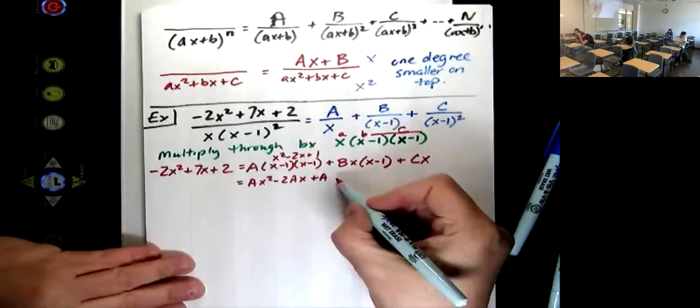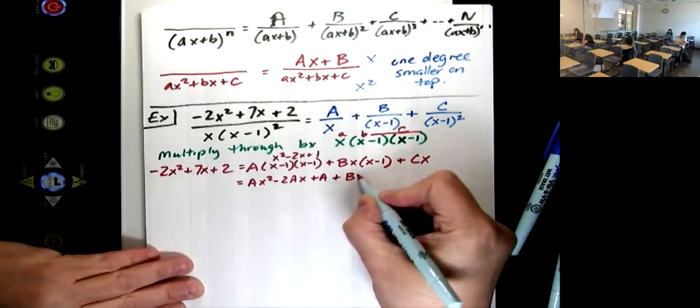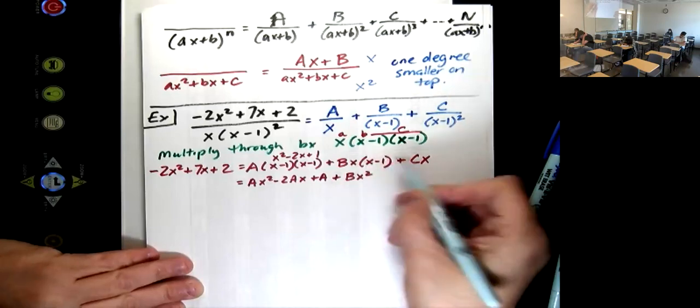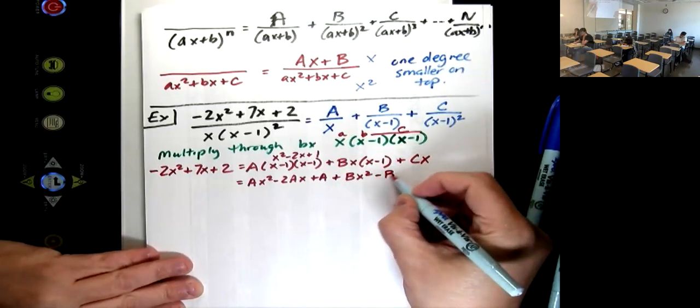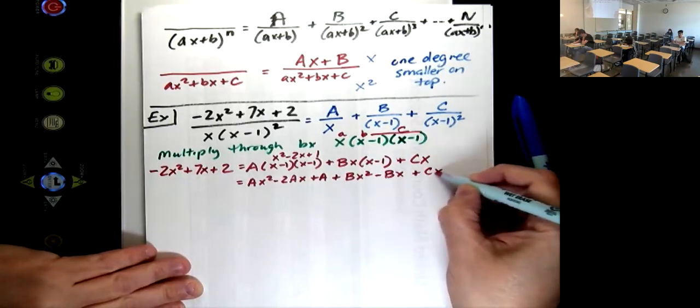For b, I've got bx times x is bx squared, and bx times negative 1 is negative bx. And cx is good to go.